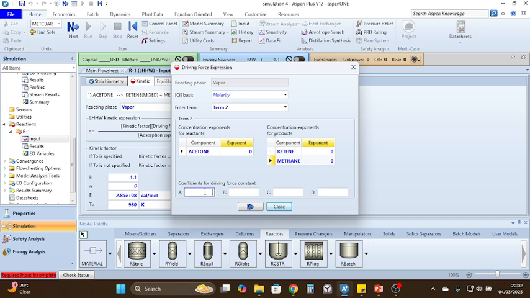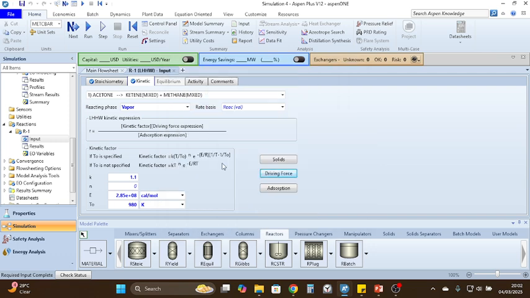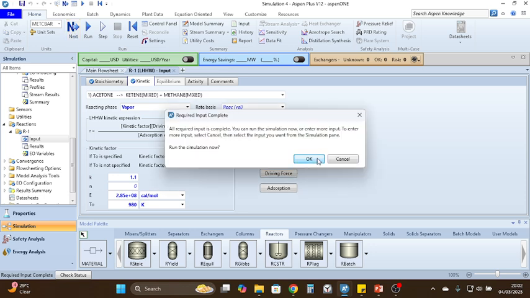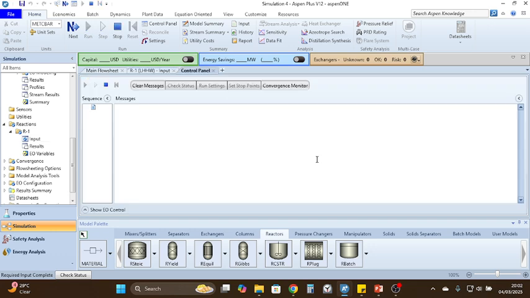For this, we need to specify a large negative value, so let me set this value as 1 e to the power minus 10. Now we have set the driving force. Now we are going to click on next and run the simulation.